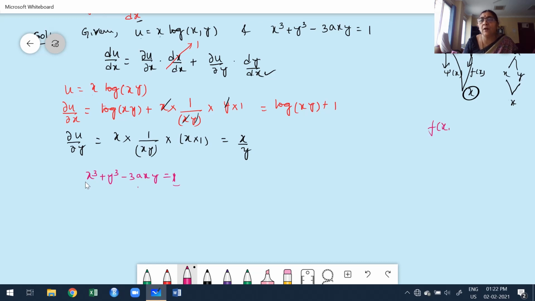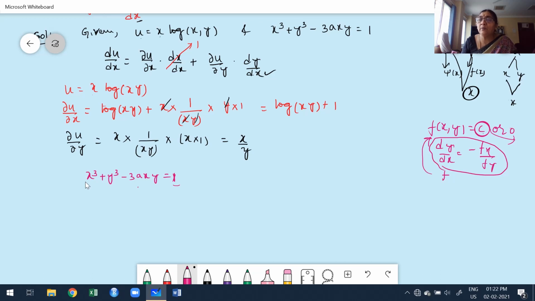How to find dy by dx? The formula is minus fx divided by fy, where f is nothing but the left-hand side expression, purely involving x and y. Keep in mind the right-hand side must be a constant or 0. Then only is it possible to go for this formula.